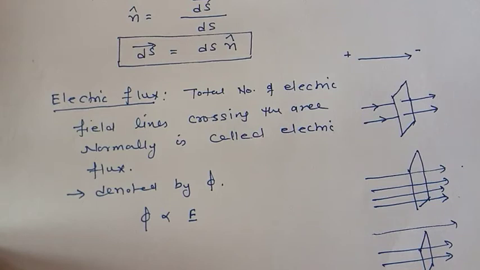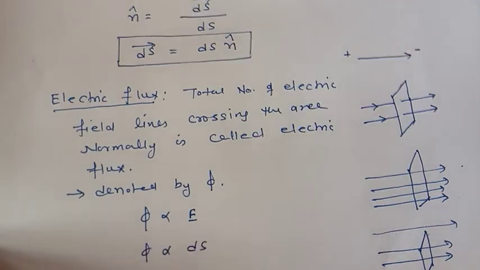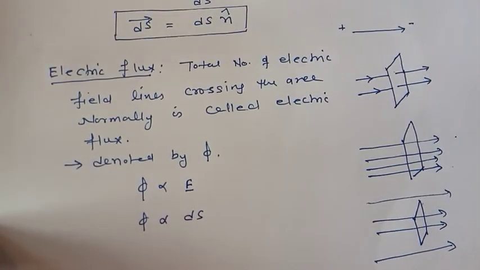Area is smaller. So only two electric field lines are crossing. So here electric flux will be smaller because area is much smaller. So it means electric flux also depends upon area. If area is small, electric flux will also be small.